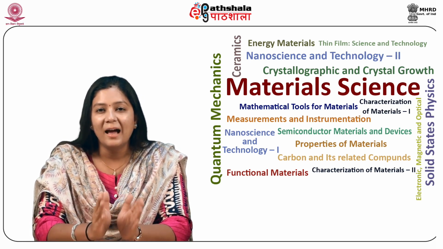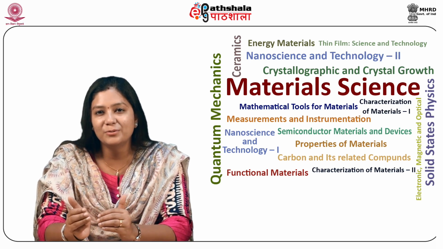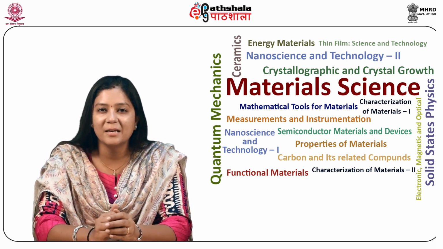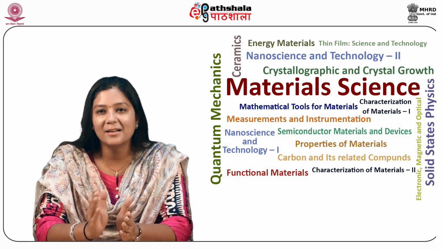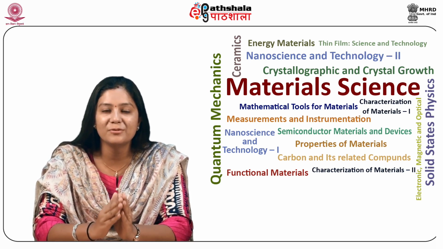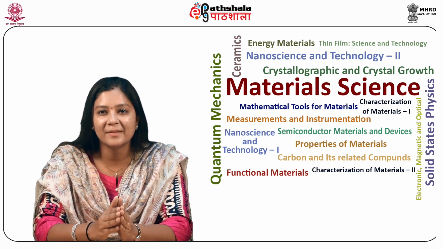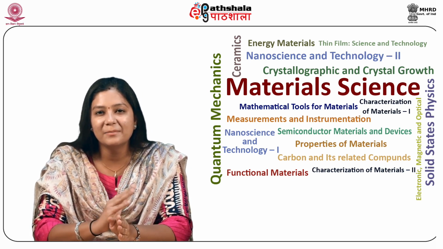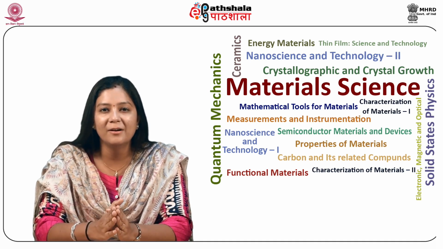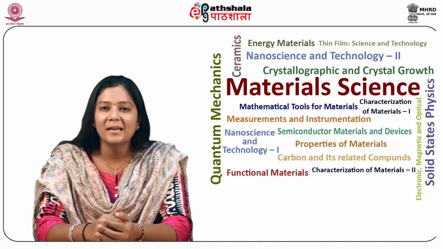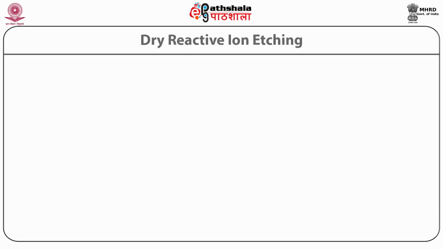The types and the amount of gas used depend upon the etching process. For example, sulfur hexafluoride is commonly used for etching silicon. Gas pressure ranges between millitorr to a few hundred millitorr by adjusting gas flow rates.